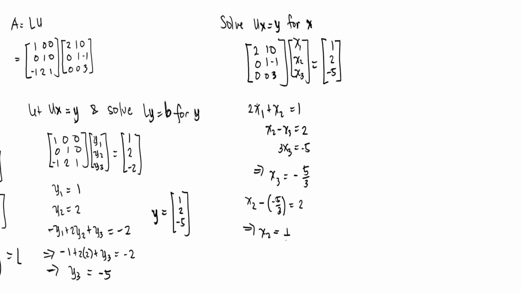So therefore, we have 1/3. And then, we substitute this value to the first equation. So 2x sub 1 plus 1/3 equals 1. So this implies that 2x sub 1 is equal to 2 over 3, which implies that x sub 1, we multiply by 1/2 on both sides. So that is 1/3.